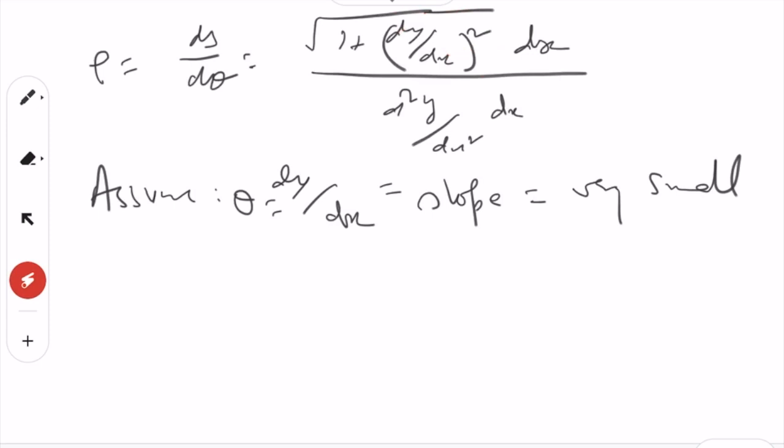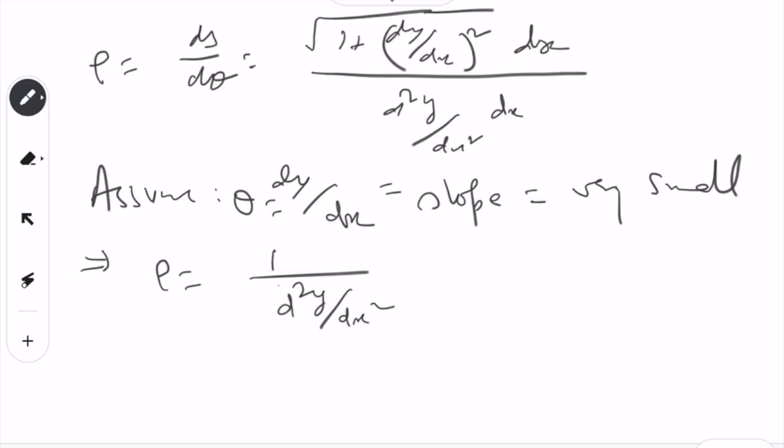So what we get simply is rho equal to 1 over d squared y over dx squared, nothing else. Or 1 over rho is equal to d squared y over dx squared, simply.